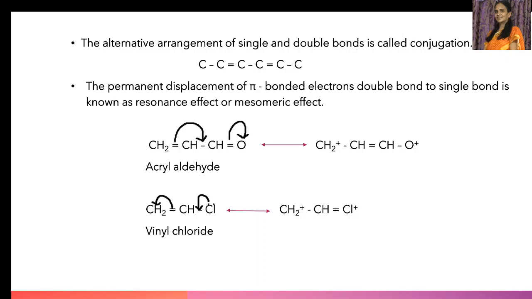Thus, this chlorine suffers a positive charge and a double bond comes over here. Here, between this carbon and carbon, the double bond is not present, and this carbon has only two hydrogens and one bond. The bond electron pair is transferred towards this carbon. Because of that, this carbon should have a negative charge.